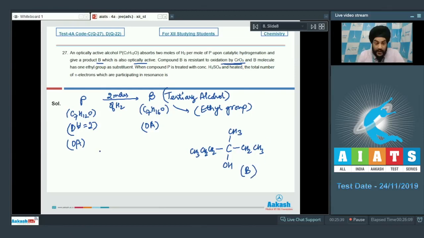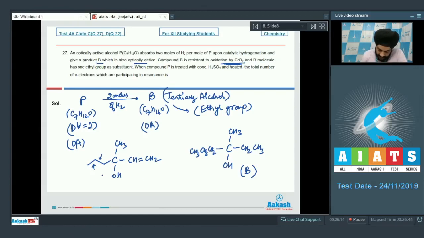Now students, if you talk about the compound P which was initially taken, that also has to be an optically active alcohol. So we have 2 double bonds, so we can have a double bond in the ethyl group as well as a double bond in the propyl group. So we can have cases where the double bond can be present over here or over here.